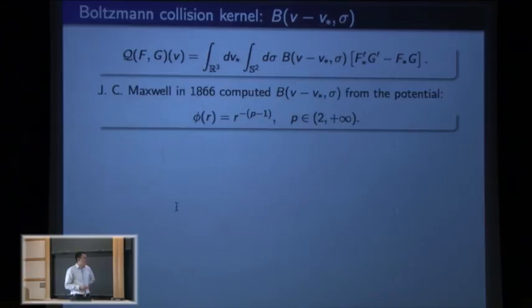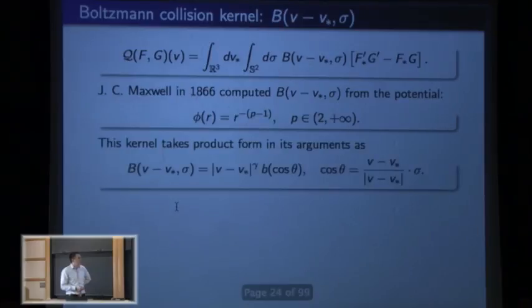continue. So Maxwell, in his big 1866 treatise to the Royal Society, computed this collision kernel B from the inverse power potential, phi(r) equals r to the minus (p minus 1). This is now taught in many first-year graduate or advanced undergraduate statistical physics textbooks, and it's basically his derivation.